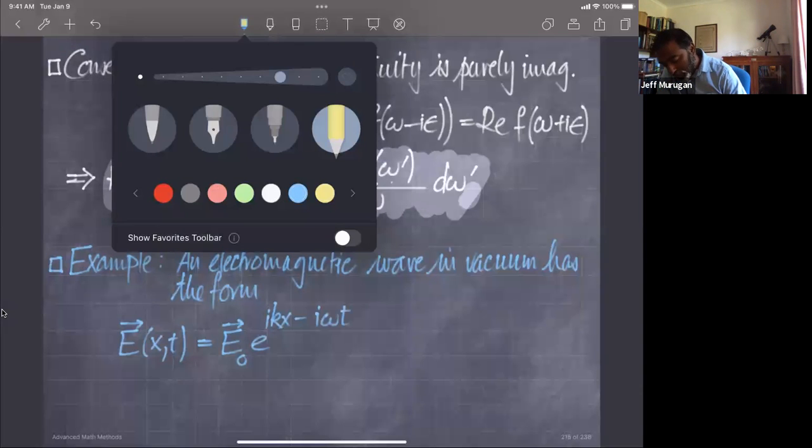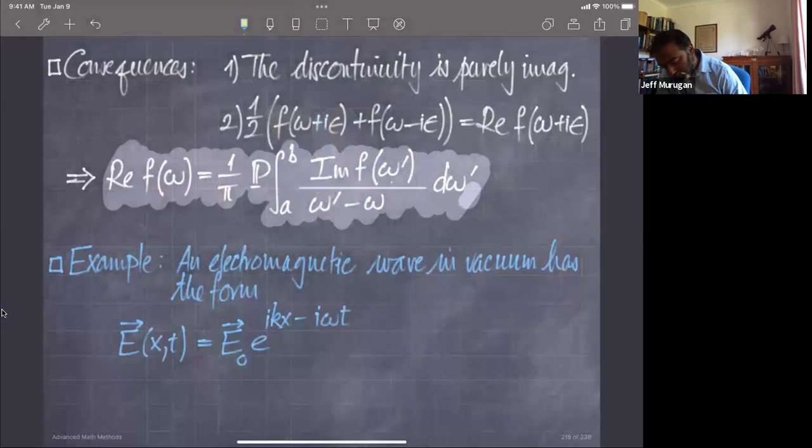This quantity omega here is the frequency of that wave. And the quantity k is what we call the wave number.